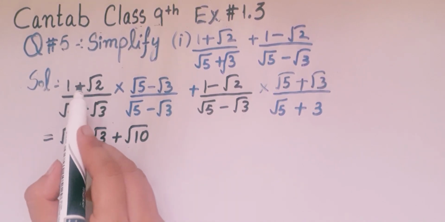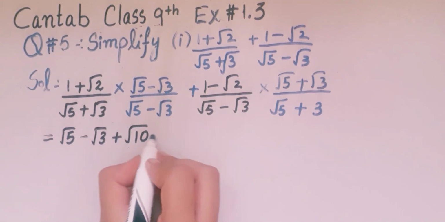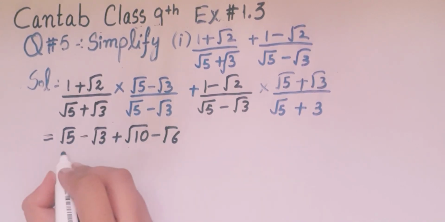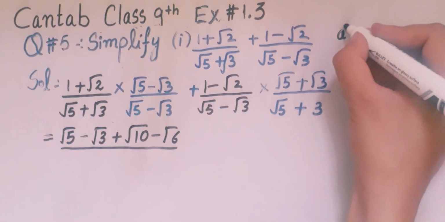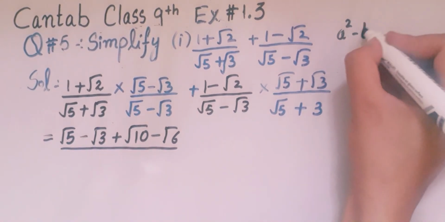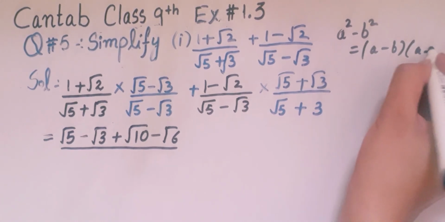When we multiply plus square root of 2 by minus square root of 3, we have minus square root of 6. In denominator, we will apply the formula of a square minus b square, which is equal to a minus b into a plus b.